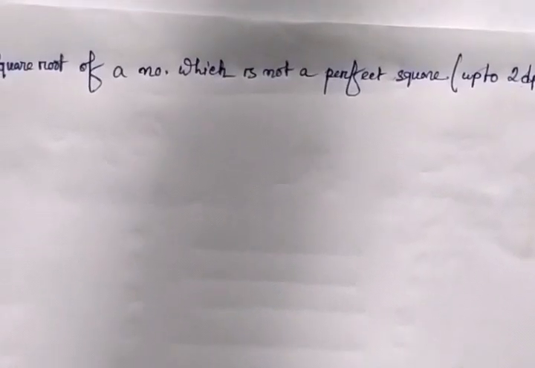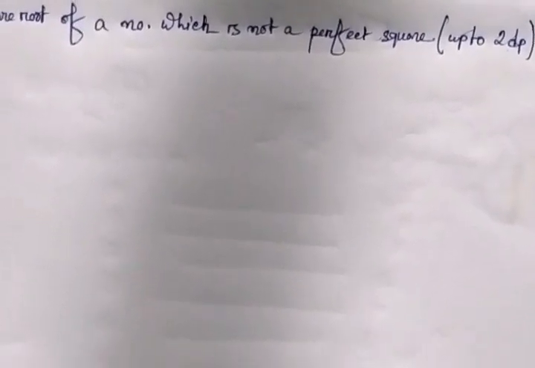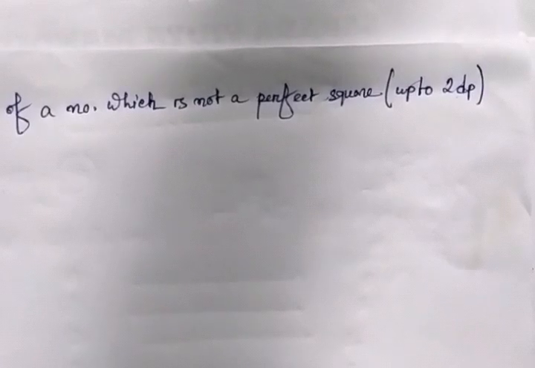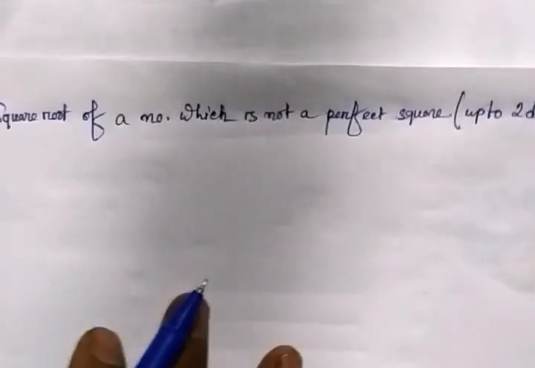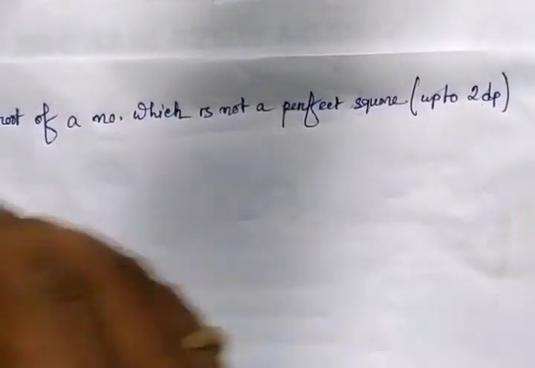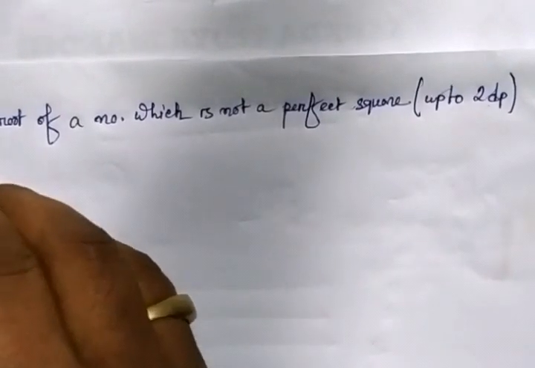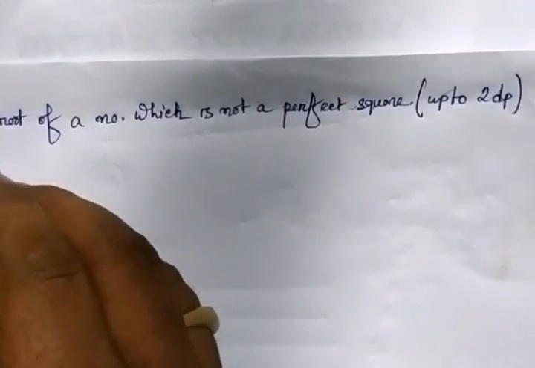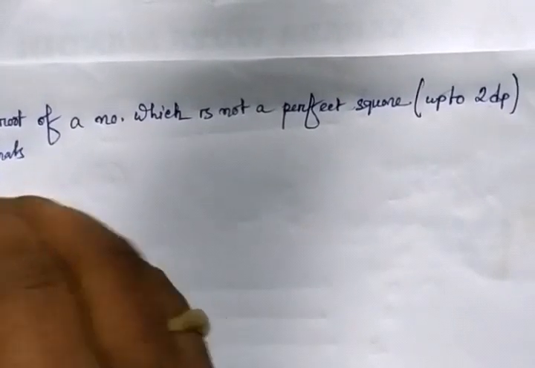Okay, in place of 2 you can write 3 also, then we find the answer to 3 decimal places. Or you can write another topic name here, square root of decimals.